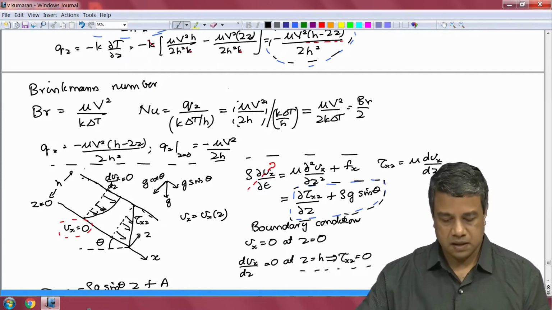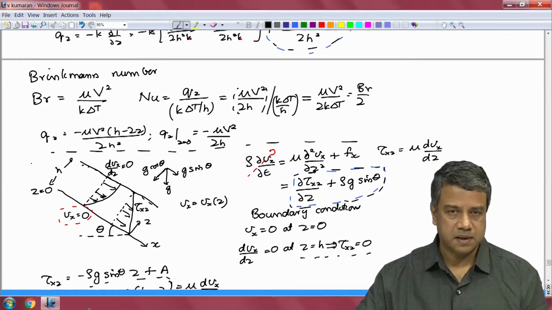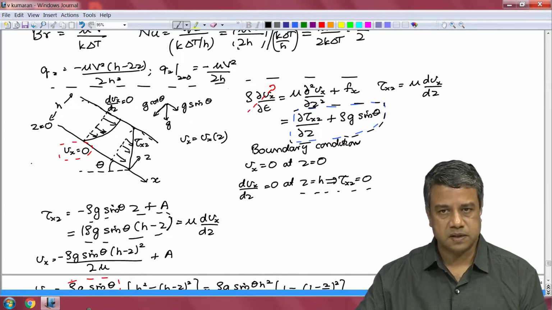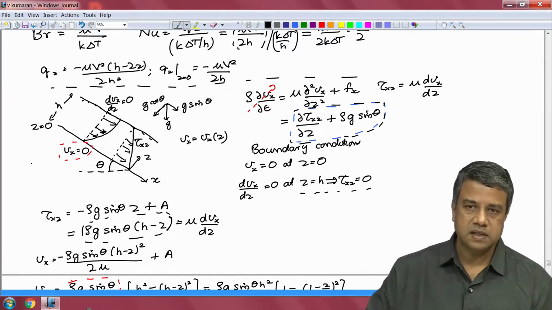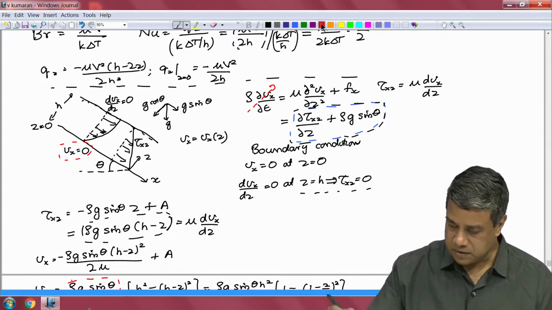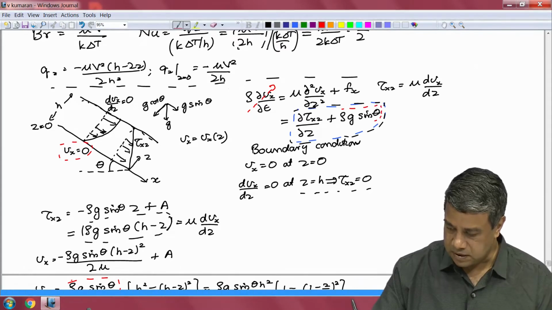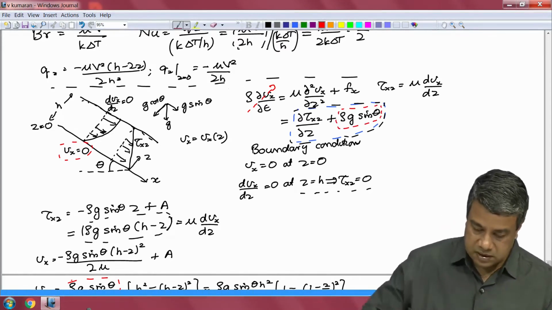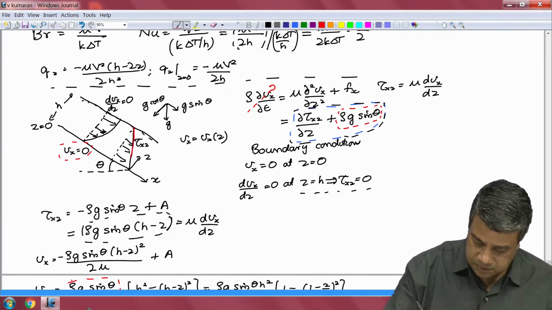And then we looked at the flow down an inclined plane. Once again, the stress is a linear function of position because the body force density in this case is a constant. The body force density is equal to rho g times sine theta, that is a constant. Therefore, the stress has to be a linear function of position.